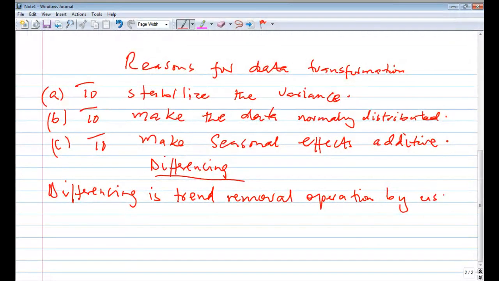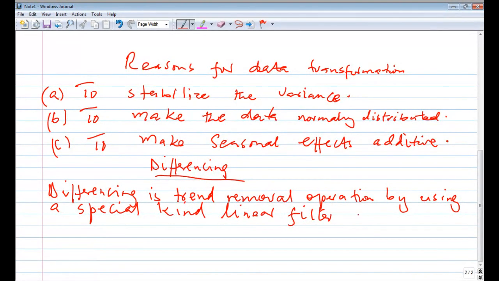by using a special kind of transformation, or let's say a special kind of linear filter with weight CK.